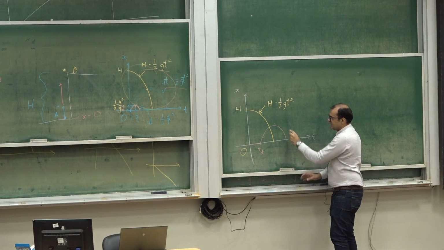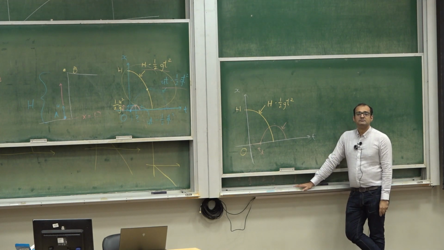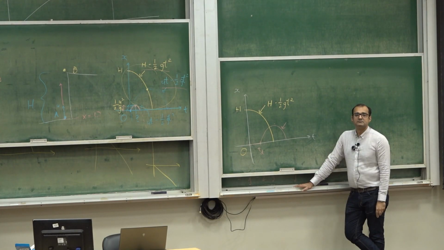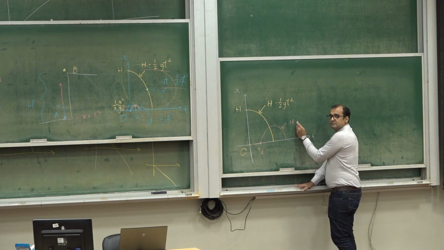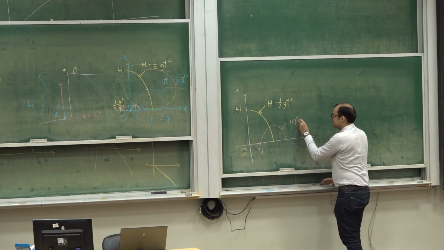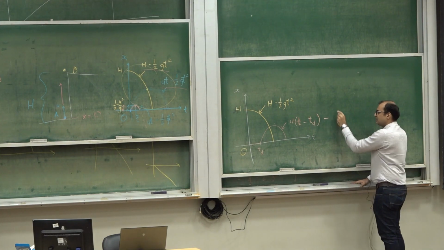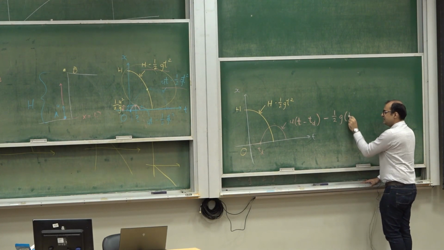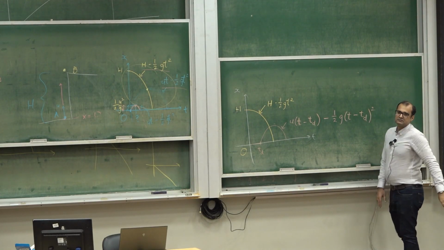But how do you describe this curve mathematically now? Yeah, so essentially what do I write? U t minus td minus half g t minus td whole square.